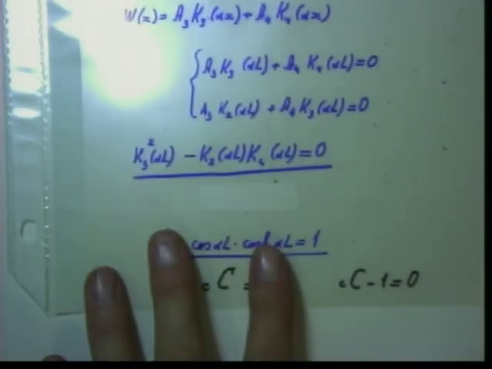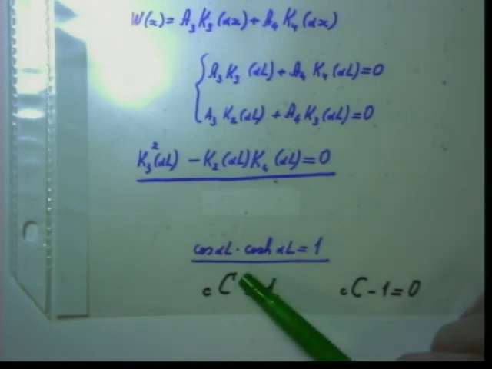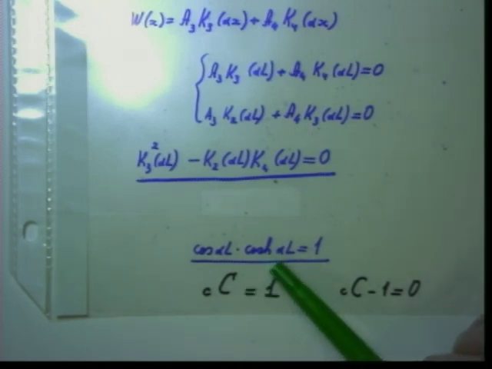So we get that K3 squared minus K2 K4 equals 0. If we do the analysis, we get cosine alpha L times hyperbolic cosine alpha L equals 1.